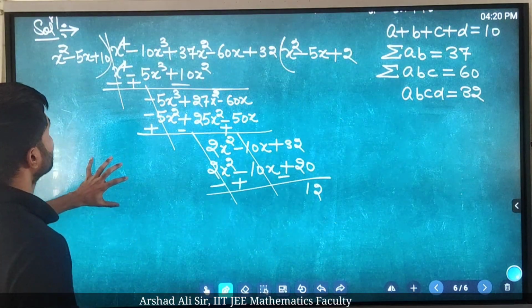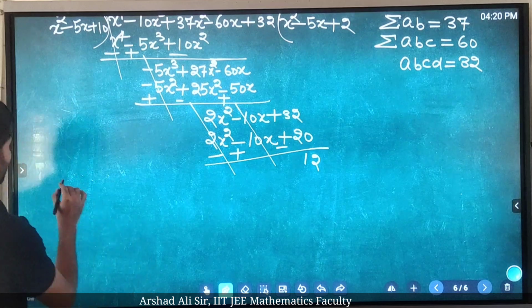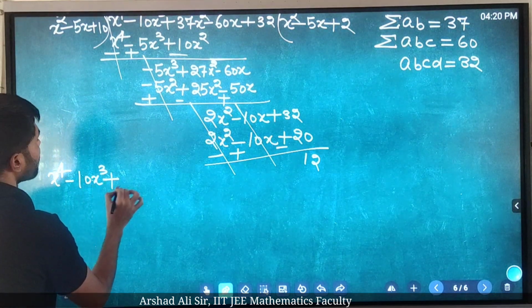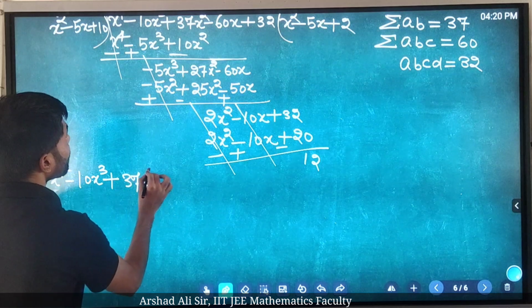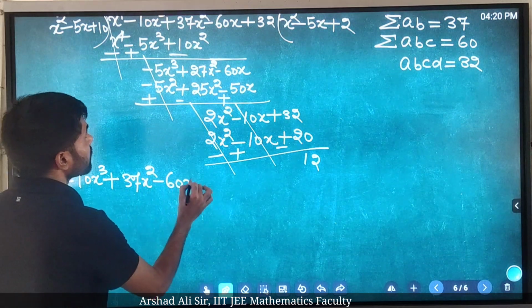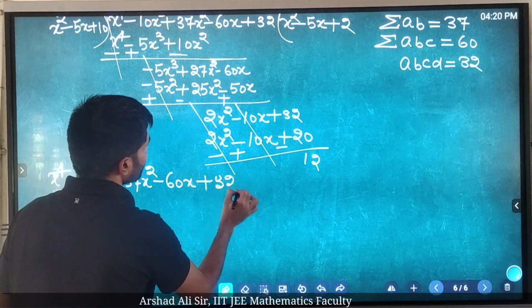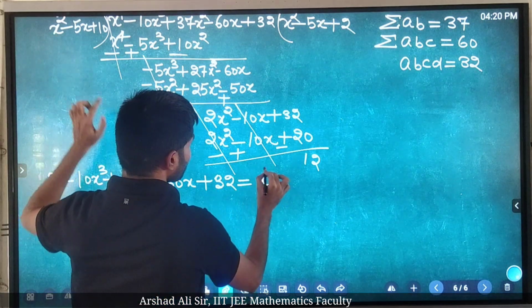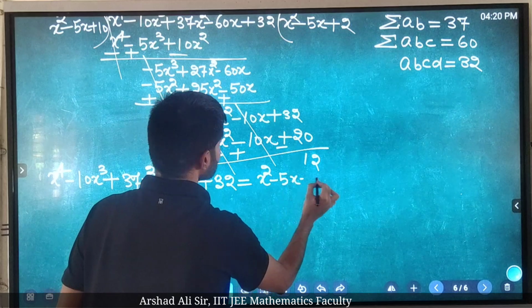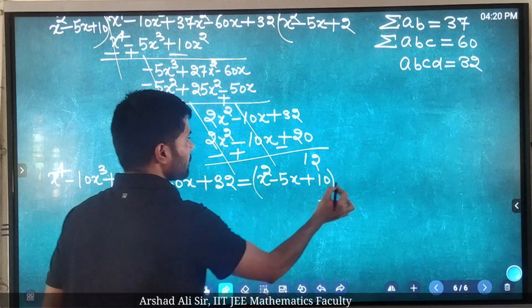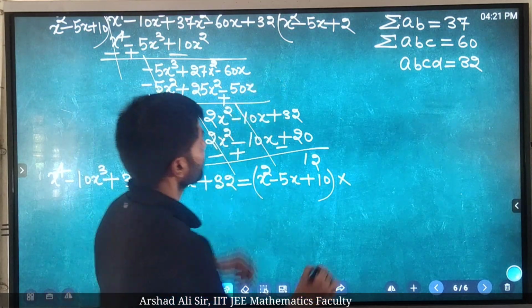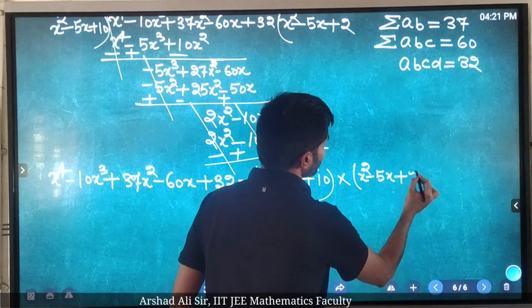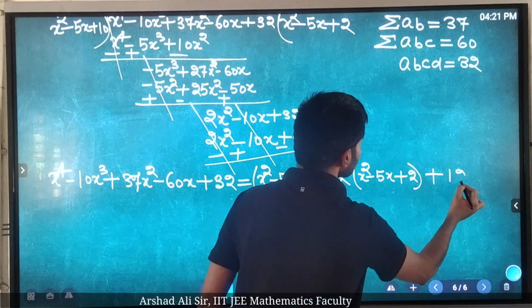So we can write x to the power 4 minus 10x cube plus 37x square minus 60x plus 32 is equal to, what is the divisor? x square minus 5x plus 10, multiplied by the quotient. What is the quotient? x square minus 5x plus 2. And what is the remainder? The remainder is 12.